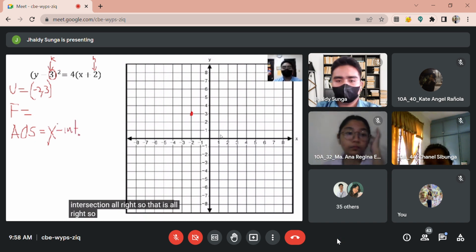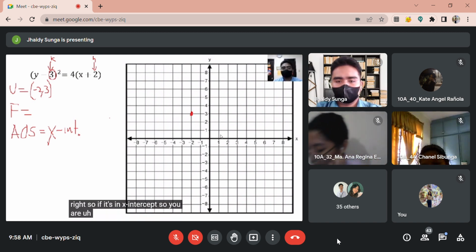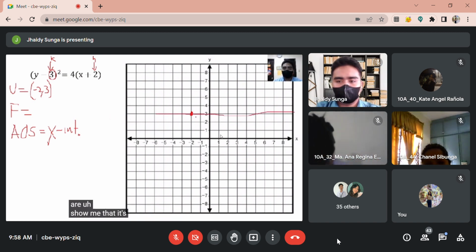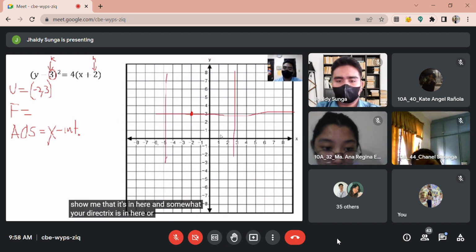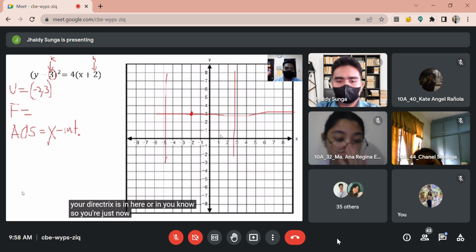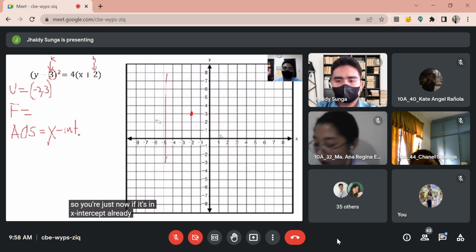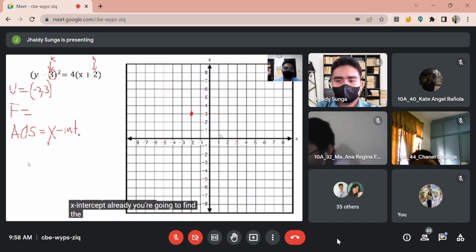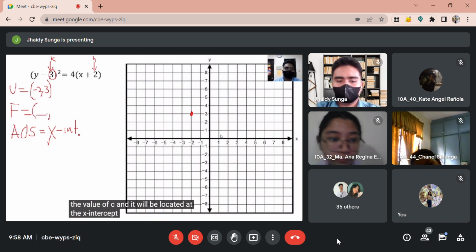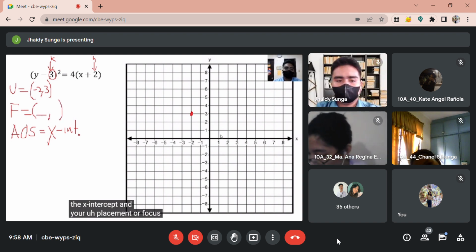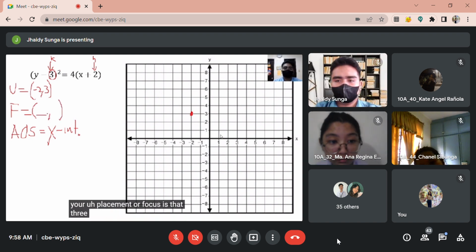So if it's in x-intercept, you are assuming that it's in here, and somewhat your directrix is in here or in here, so you're just assuming. Now, if it's in x-intercept already, you're going to find the value of c, and it will be located at the x-intercept, and your placement of focus is at 3.